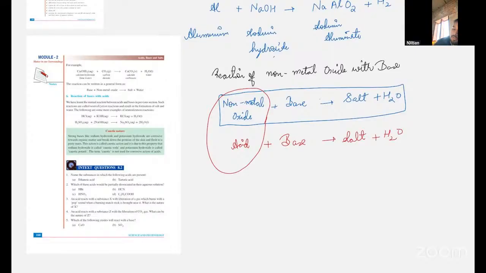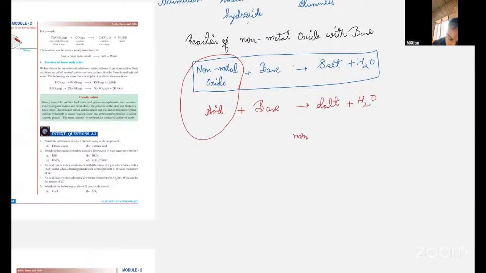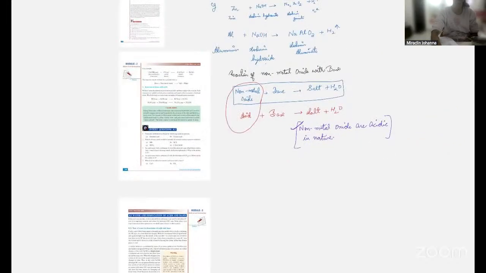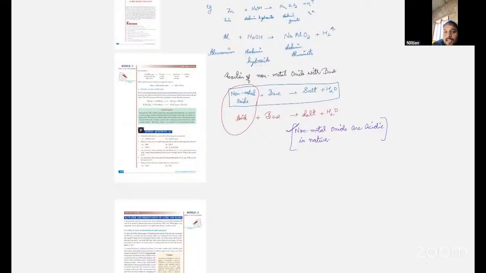So non-metal oxides are acidic in nature. Acidic in nature. Okay. Nature.